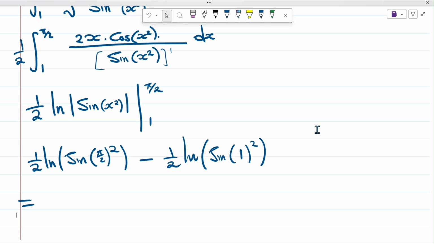So minus 0.5 natural log of sine 1. Okay. I forgot to square or what.